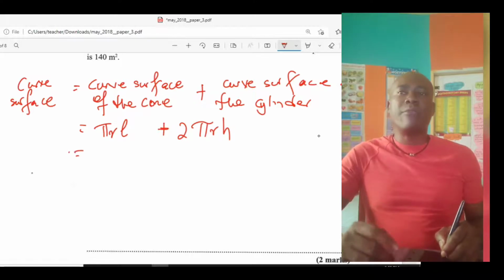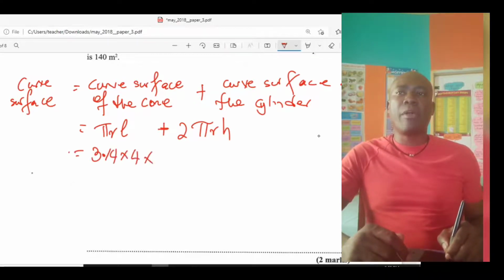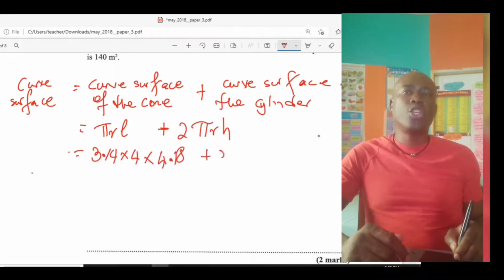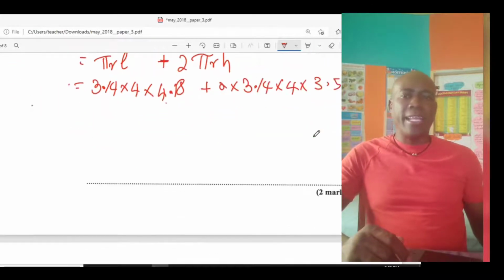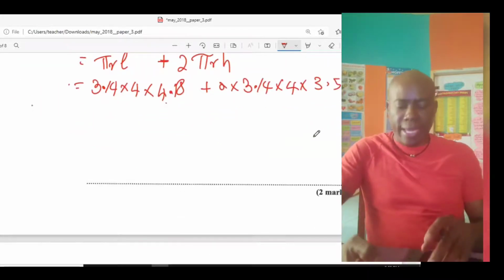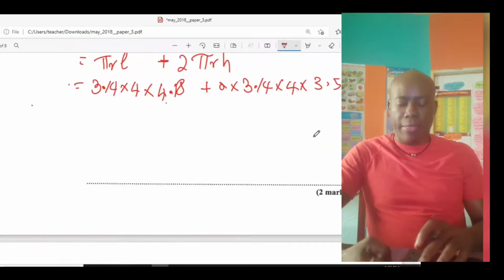Let's just put in our formulas. 3.14 times radius 4 times the slant height, which is 4.18, plus 2 times pi times r times h. There it is. So let's finalize everything here. Let's go on our calculator and see what we got.